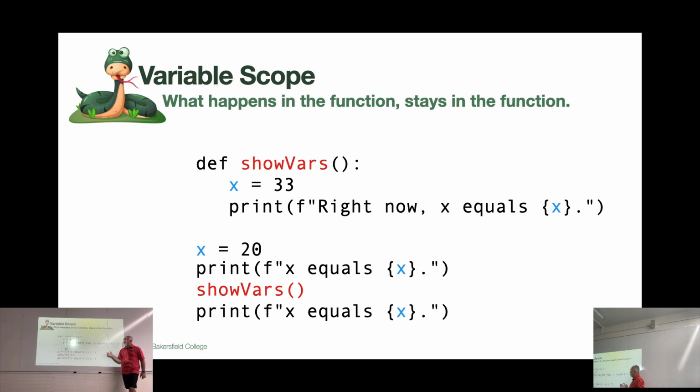But if I put that function in my program like this, where I have x equals 20, and then it says print "x equals" x, it'll print x equals 20, then I'm going to call my function, which sets the value of x to 33, and then prints "right now x equals 33", and then it's going to print "x equals" something.